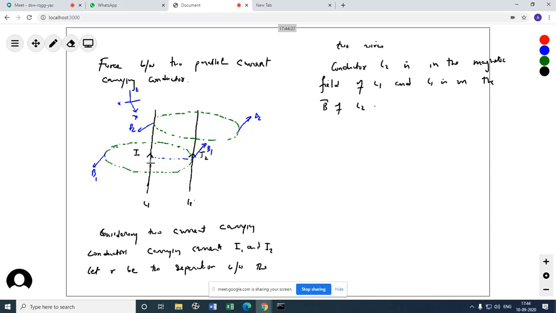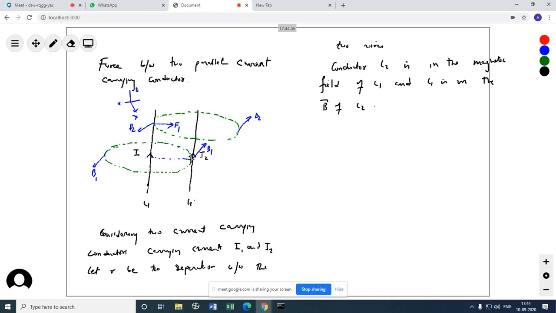The force experienced by this wire will be which way? For this one, if this is B, this is F1, right? This is the force due to 1, force on L1.